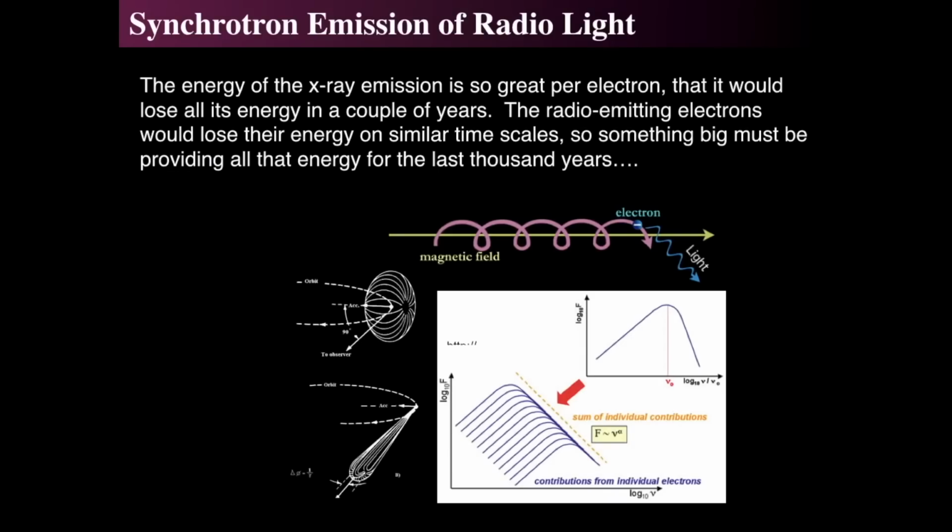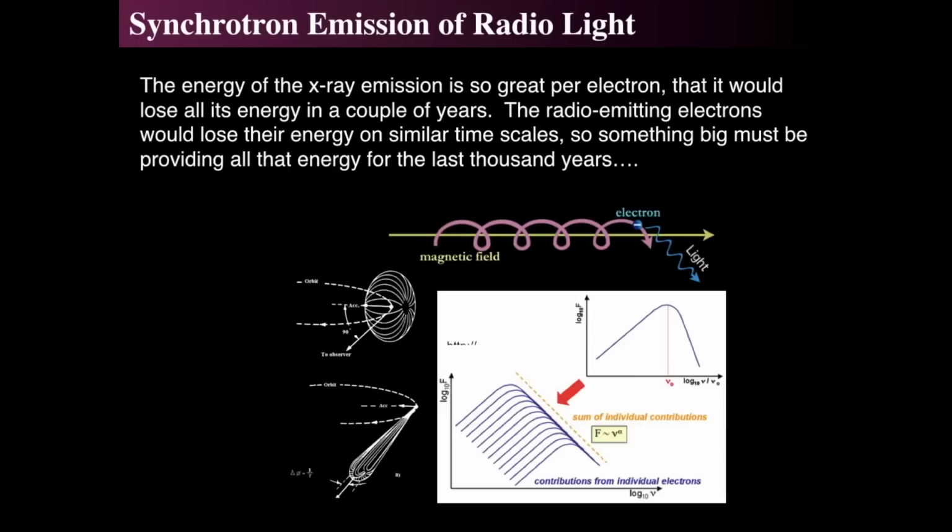So synchrotron radiation, though, the reason we think that this is the case is that the emission happening is so incredibly vast from these things that the X-ray emission would be so great that the electron would actually lose its energy, because it's spiraling and emitting energy, so it doesn't do this forever.